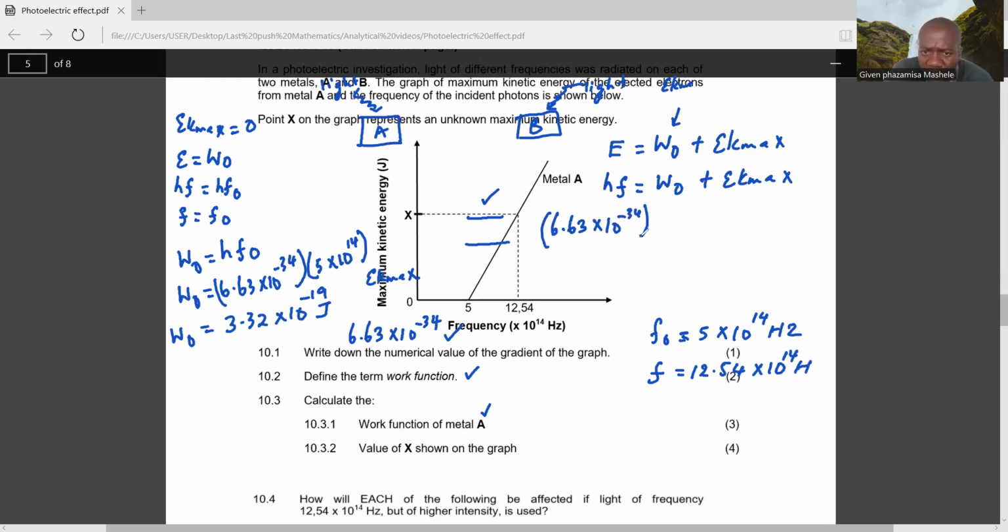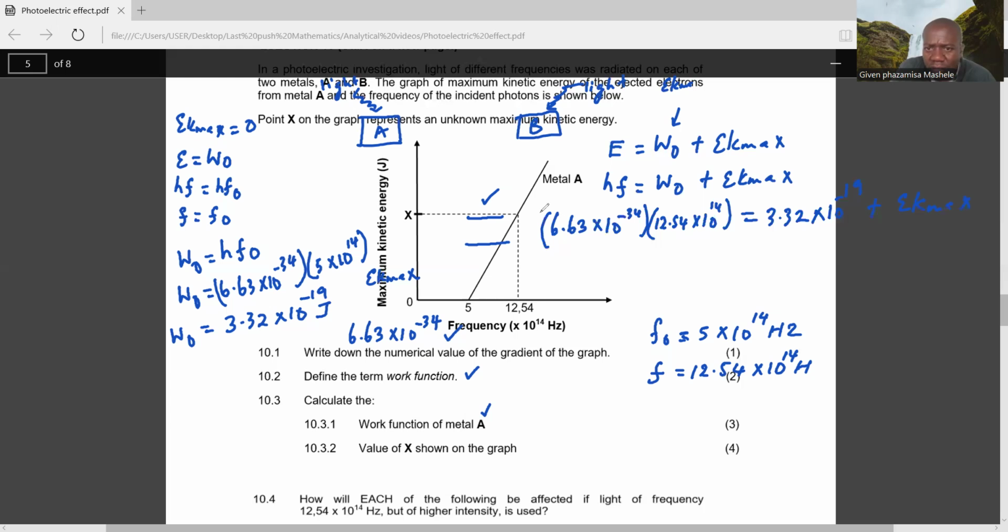And what is the frequency of light? It's 12.54 times 10 to the power 14. Work function we already have, it's 3.32 times 10 to the power minus 19 plus the EK max.